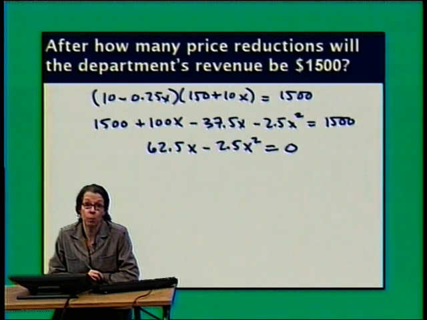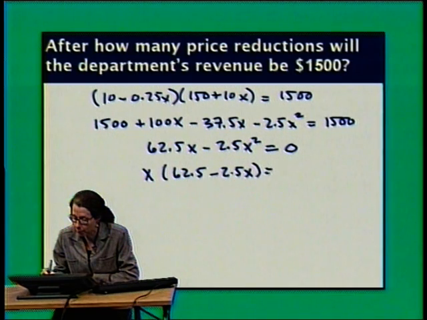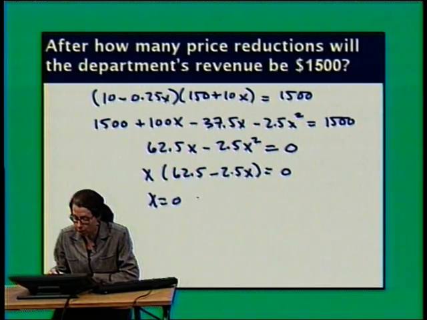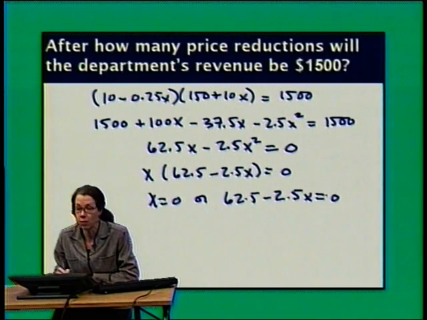This is actually a pretty easy quadratic equation to solve because I notice I have a common factor of x in each of the terms on the left. So factoring that out, I leave behind 62.5 minus 2.5x. Using the zero product principle, I have x equals 0 or 62.5 minus 2.5x equals 0.